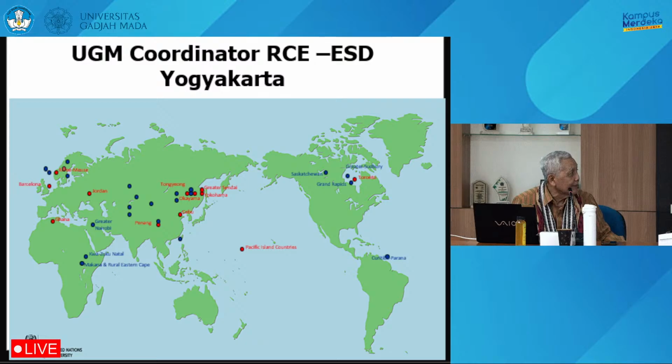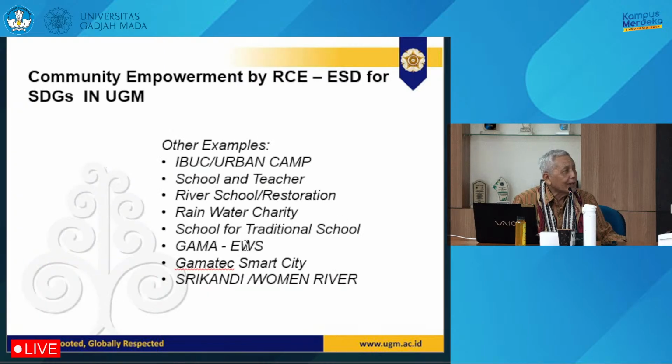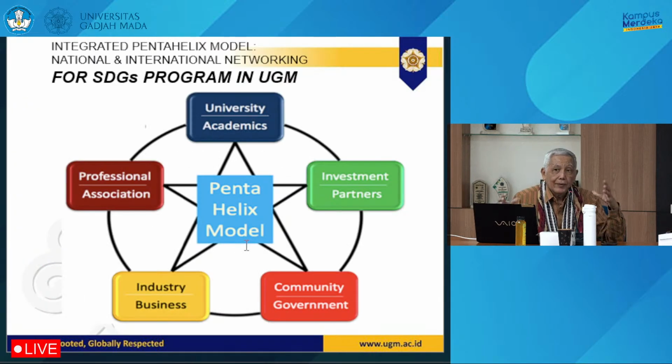There are many SDG programs: urban campus school, river school, rainwater charity, gamma early warning system, women river. In the context of partnership, we have a pentahelix model: university, professional, investment, community government, and industry, where we collaborate together.